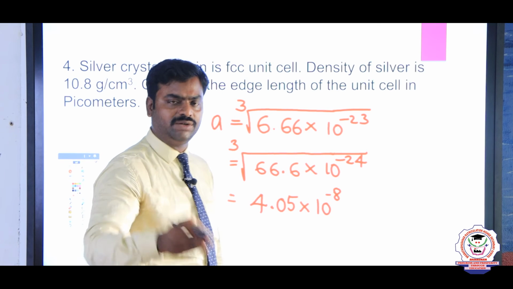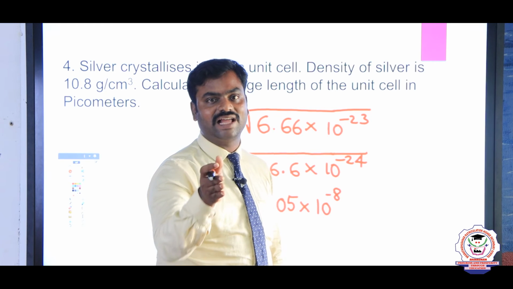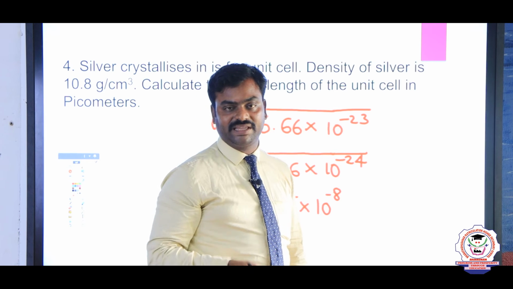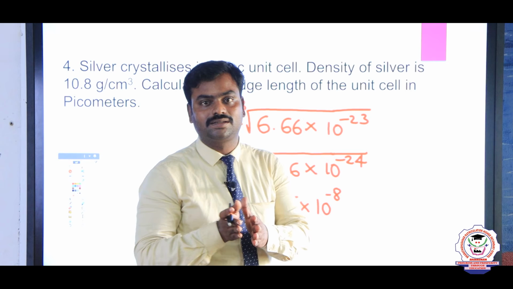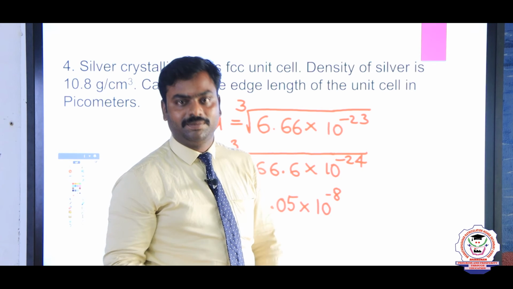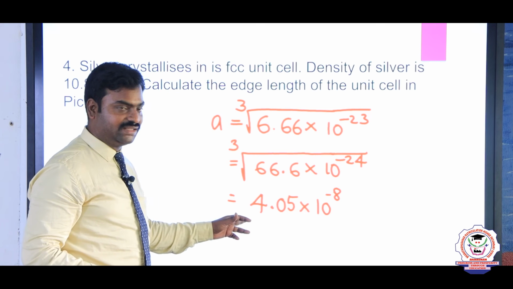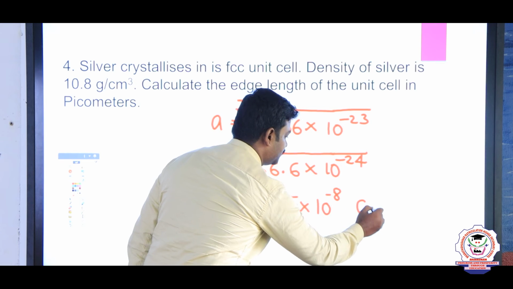It is very difficult to find the exact value of a cube root, but in NEET, the questions will be giving some options there. So, in the options, you have to find the nearest close value for the correct answer. So, here we are getting the value 4.05 into 10 power minus 8 centimeter.